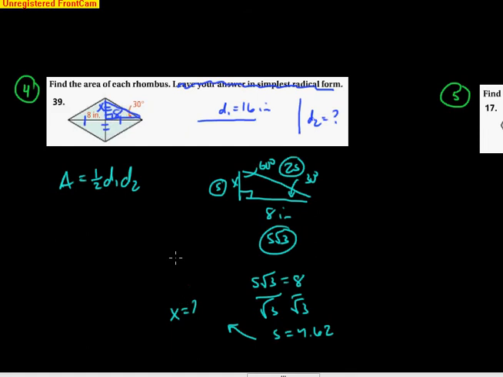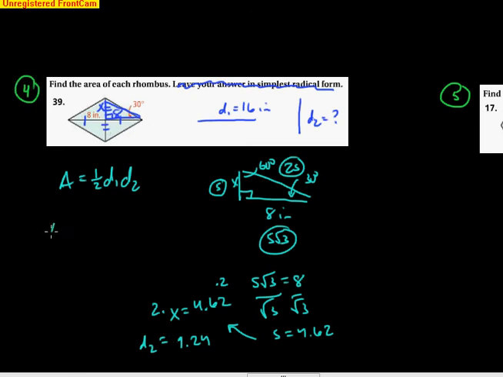X is 4.62. X is half of this diagonal, so to find diagonal 2, we're going to multiply this by 2. 2 times 4.62. And that'll give me the entire length of that diagonal, that vertical one, 9.24. So the diagonal going vertical is 9.24.